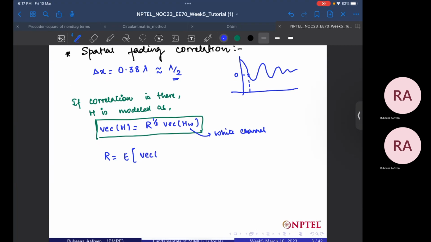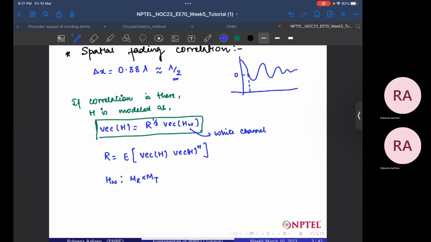expectation of vec H into vec H Hermitian. Okay, so now the spatially white channel HW we have is MR by MT, right?